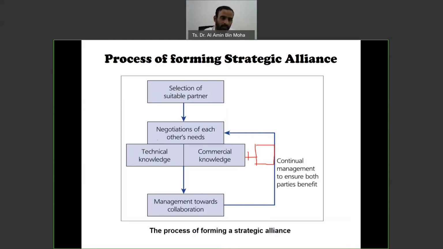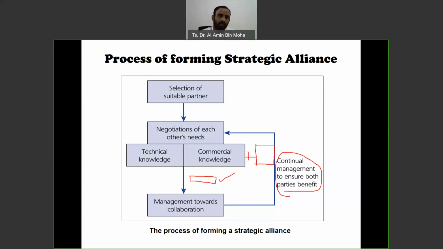Then you proceed with a written agreement, a document, and then the management of the collaboration. You continuously ensure both parties benefit. And once it's done, you repeat the cycle to check where you can improve.